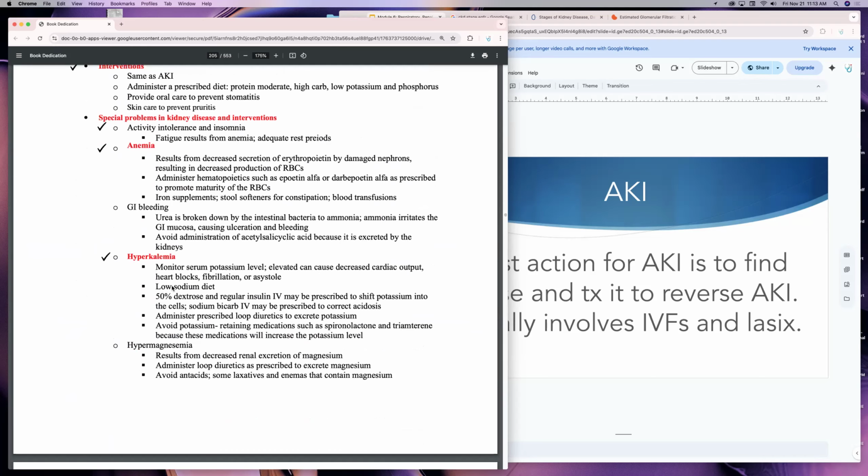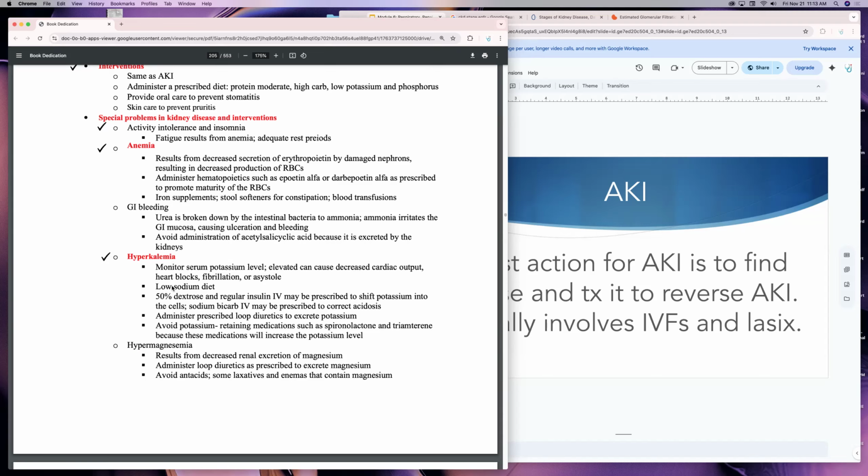You have to memorize these. I'm not saying memorize the whole page, but memorize and, more so, understand why chronic kidney disease causes these issues. And then it will help you to remember the treatment.